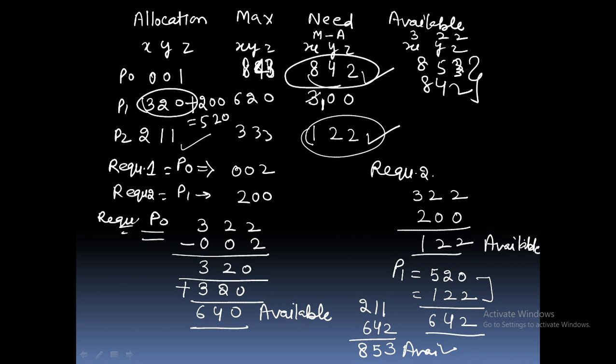You can see available resources are more than the need. Then you can say that this state is a safe state, but processing will be done first P1, then P2, then P0. In this case, the system will be safe. There is no deadlock, and this is the banker's algorithm.